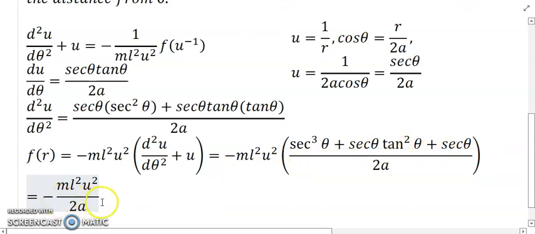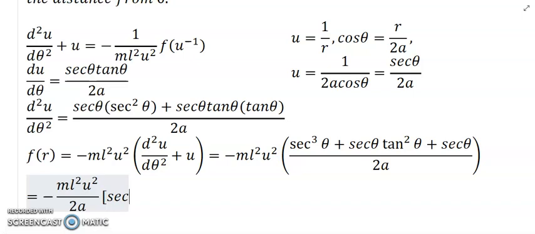Then we have secant cube theta plus secant theta tangent squared theta plus secant theta.